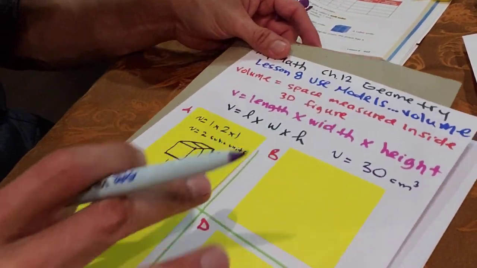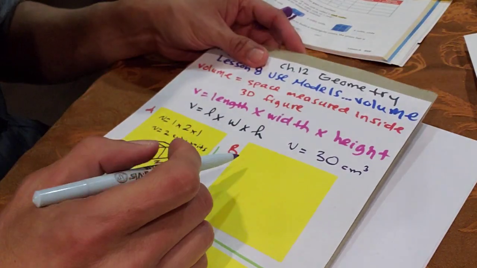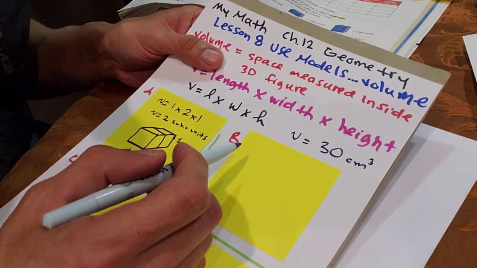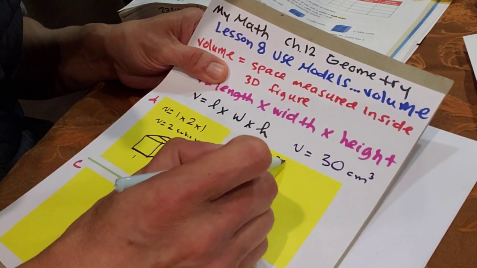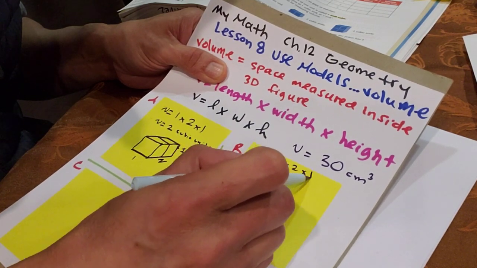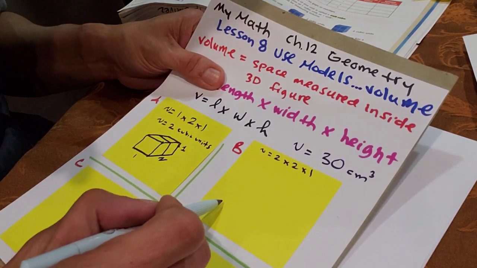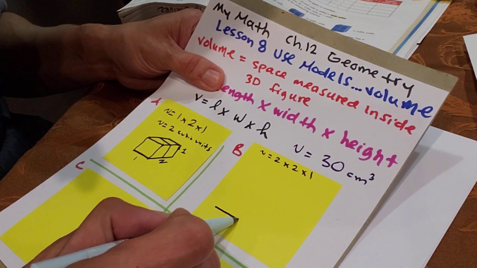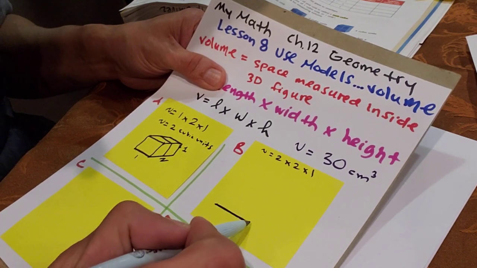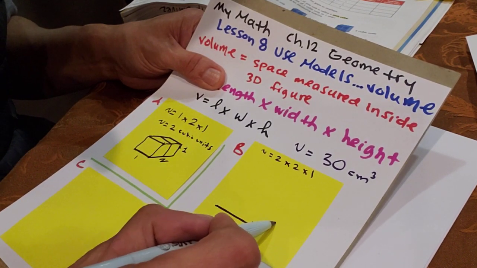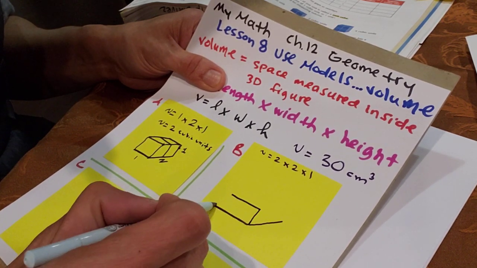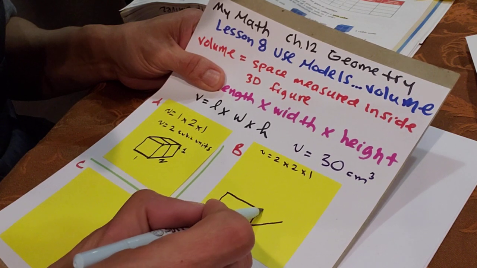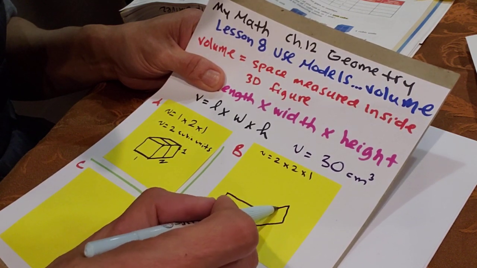So for Prism B, we're doing volume equals 2 by 2 by 1. So here I want to draw 2 cubes, and then I'm going to go back 2 cubes, and then up 1. I'll turn this into a drawing of a model of it.